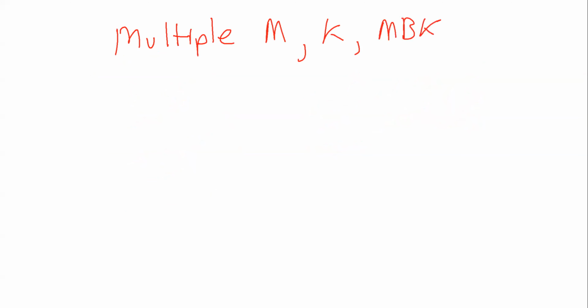Then another thing is that we can have multiple mubtadas, khabars, and MBKs. We will do them by examples that Ustad gave us. We did the example where we had two mubtadas, and this was a little tricky.